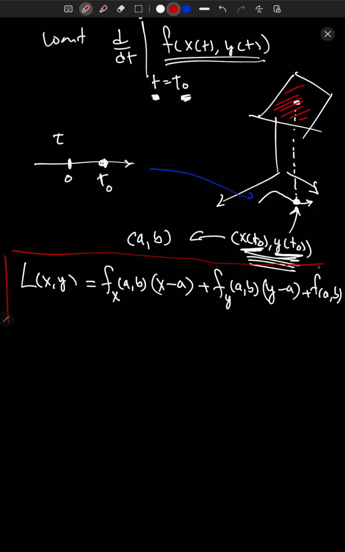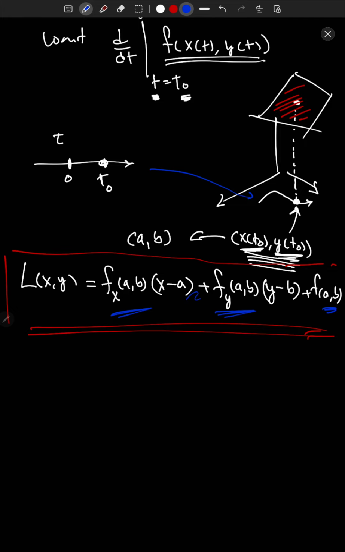Again, notice that the most important thing is that this is super simple. That's a number, that's a number, that's a number. Sorry, this is an a b right there. In x minus a, the a is a number, and in y minus b, the b is a number.